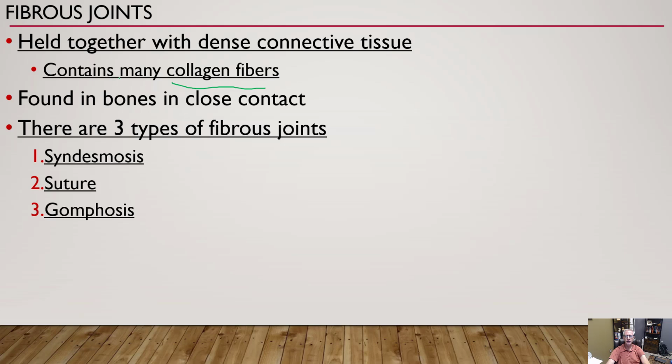These are found in bones that are very closely compacted together. And we have three types of fibrous joints. Syndesmosis, suture joints, and gomphotic joints or gomphosis joints.